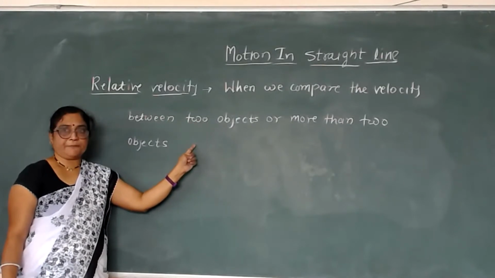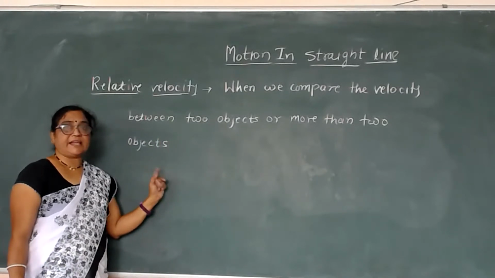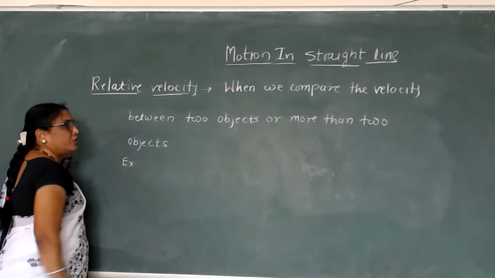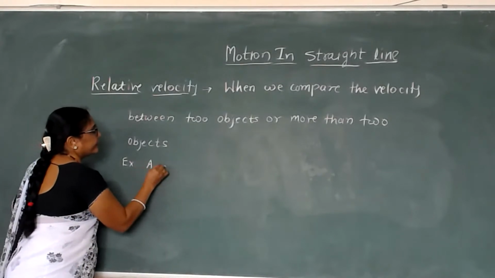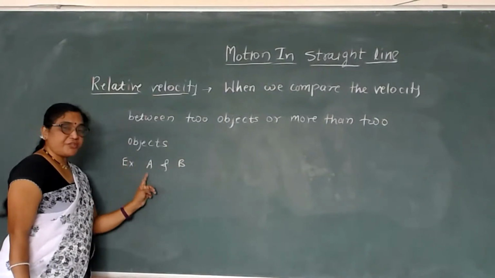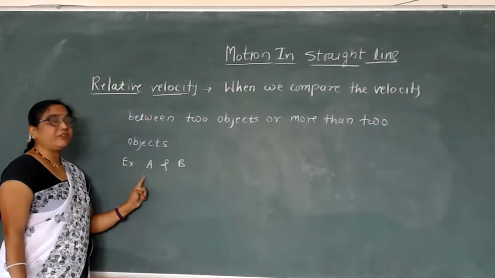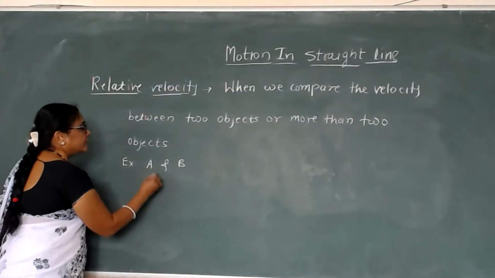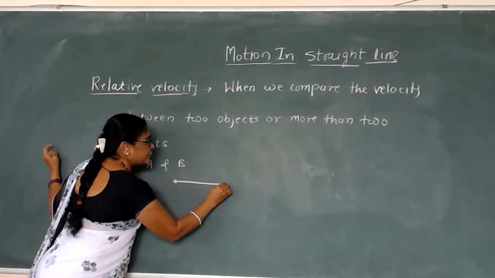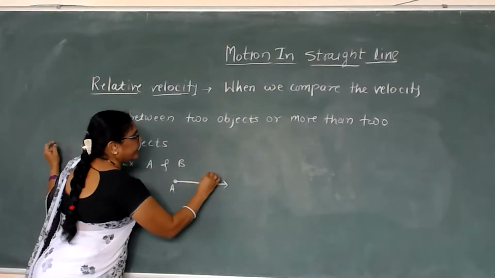For example, if there are two objects, A and B, and the first object is moving with the velocity v, suppose the object is moving in a straight line, the velocity of this object is VA.